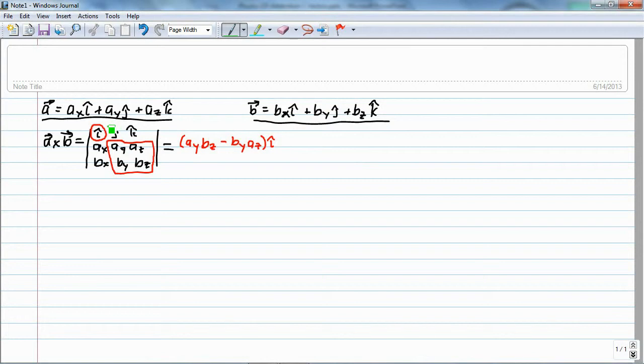And now for the second, for the j direction, for this j here, we're going to use this set of numbers in the first column and this set of numbers in the third column. And remember that if I do a plus on the first one, the next one's going to be minus.